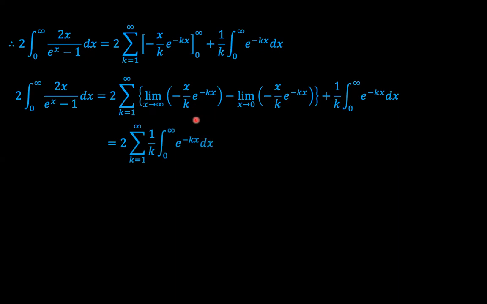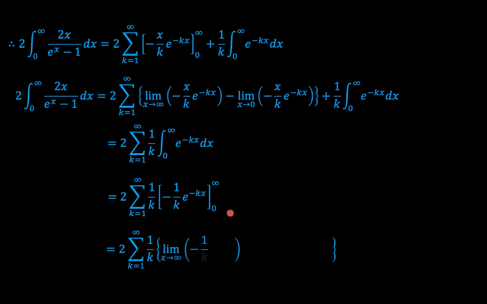So we are left with twice the summation from k equals 1 to infinity of 1 over k times the integral from 0 to infinity of e to the power minus kx. Now, when you integrate that, it's the same as negative 1 over k times e to the power negative kx, with the limits applied appropriately.